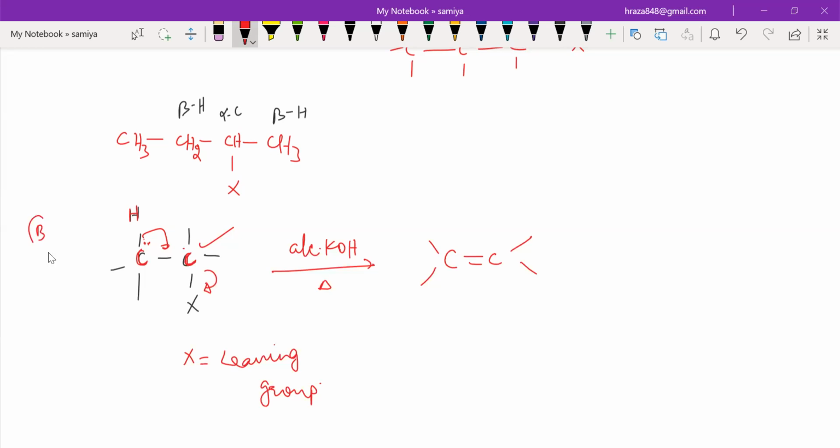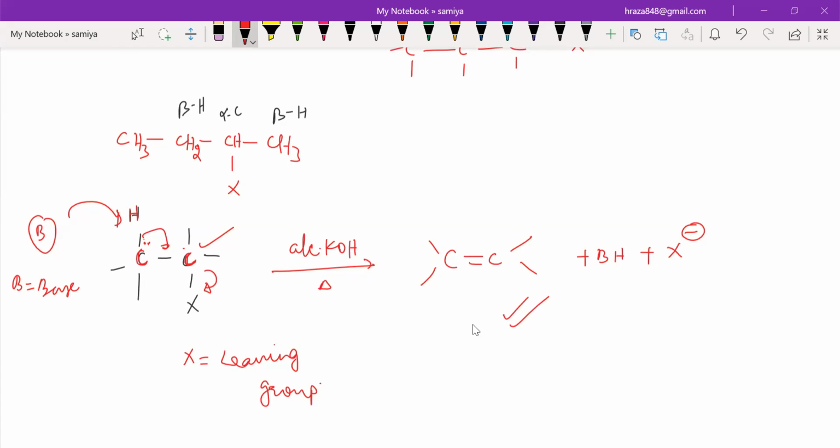And B stands for base. That will take this H. So the byproduct will be BH plus X minus. So that is how the reaction will go on. Did you get it?